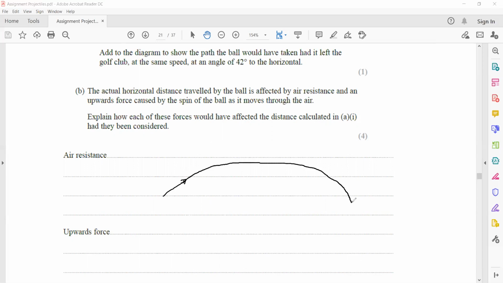This is the trajectory which the projectile follows. But when you launch another projectile with the same speed, but air resistance is acting, it will not remain in the air for a longer period of time because air resistance is opposing its motion. So the time of flight will decrease. If the time of flight decreases, the range will also decrease.